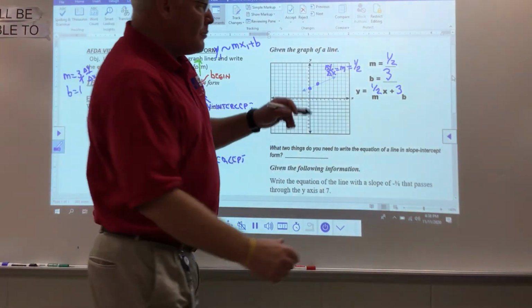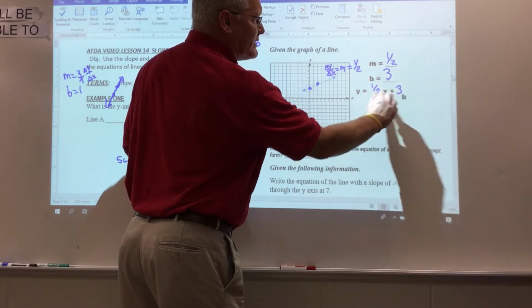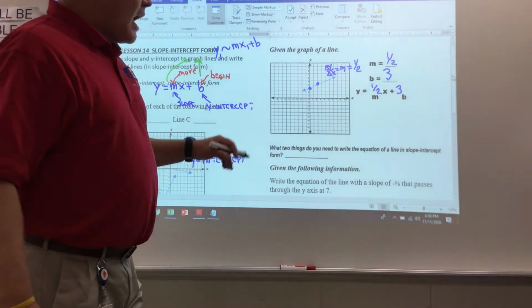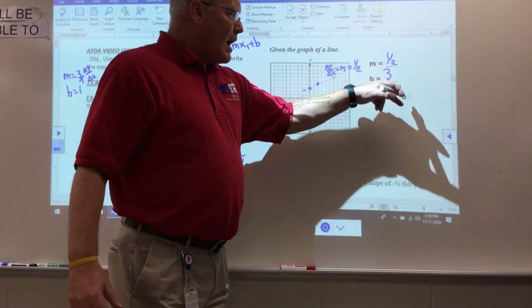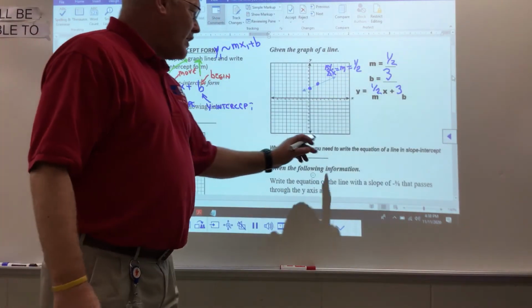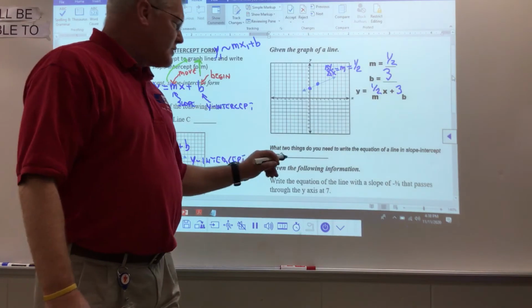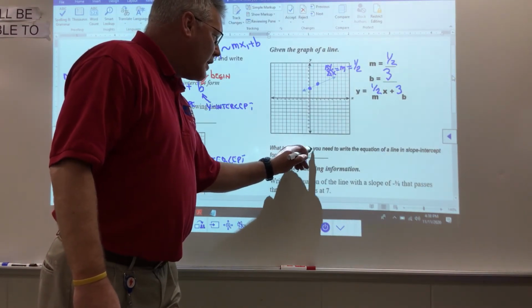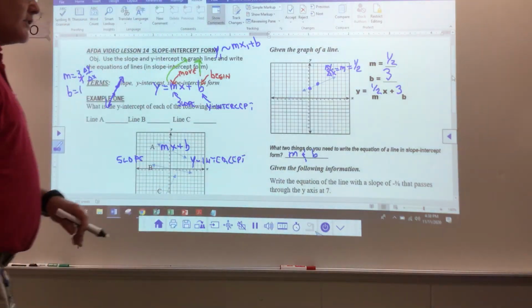Now, I'm going to put little drop-in boxes there, hopefully on your notes it has little blanks, because again, the two things you need to write the equation of a line in slope-intercept form are m and b, slope and y-intercept.